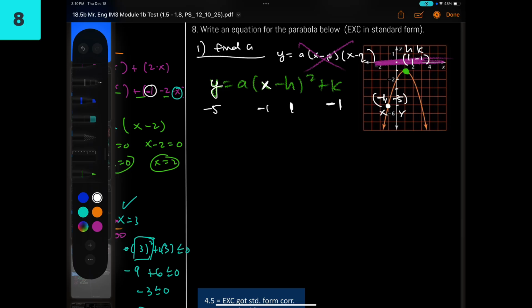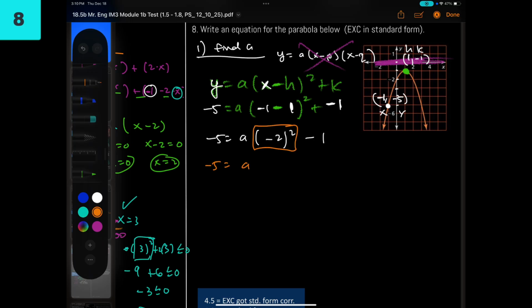Okay, pay attention here. Now you go back and we're solving for a. Do you see why I'm writing that? And then plus -1. So if you simplify this, you'll just get -5 equals a times (-2) squared minus 1. -5, okay.